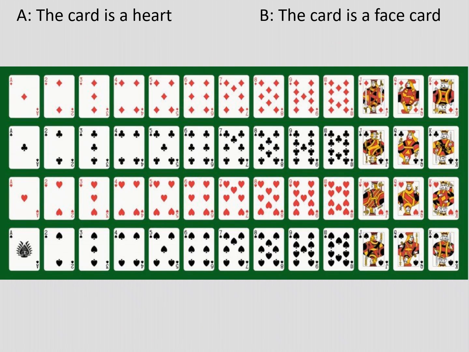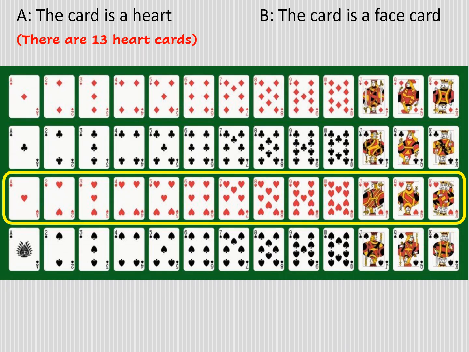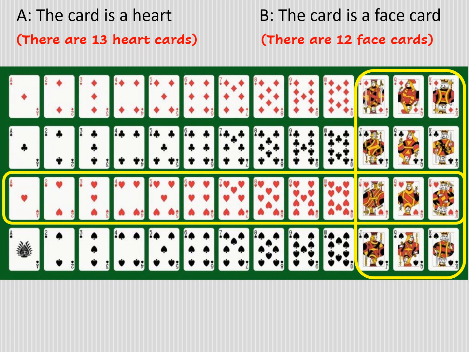Well, let's actually look at the deck of cards. Okay, there's the deck. And if you look at the top of the screen, you see the two events. Card is a heart, 13 ways that could happen. Event B, the card is a face card. Well, there's 12 ways that could happen, but visually from this picture, you see these are not mutually exclusive.